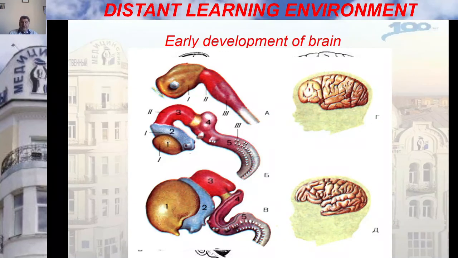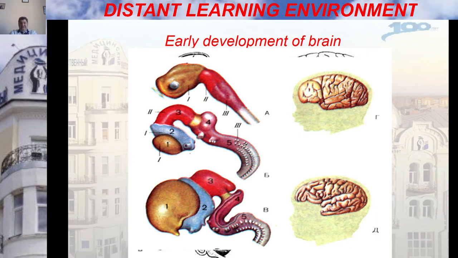Ventrally, they give rise to the cerebral peduncles, dorsally to the tectal lamina. The cavity of the mesencephalon is converted into a narrow canal, the aqueduct. You may see the mesencephalon in red color here. So the aqueduct communicates with the fourth ventricle.